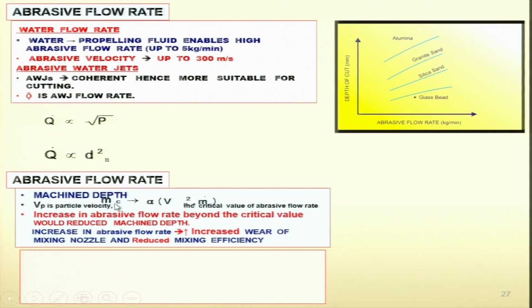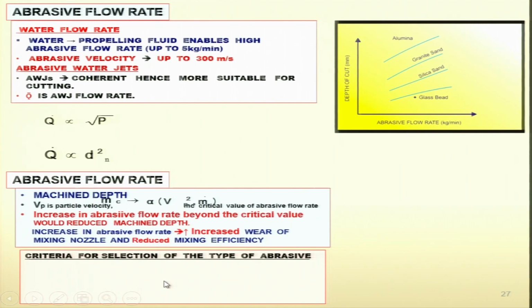So this m dot c is directly proportional to Vp square m dot, where increase in abrasive flow rate beyond the critical value would reduce machine depth. So you cannot keep on increasing the abrasive flow rate, otherwise beyond a certain point it will start reducing the machine depth. Increase in abrasive flow rate will cause higher wear of the mixing nozzle and reduced mixing efficiency will be obtained.